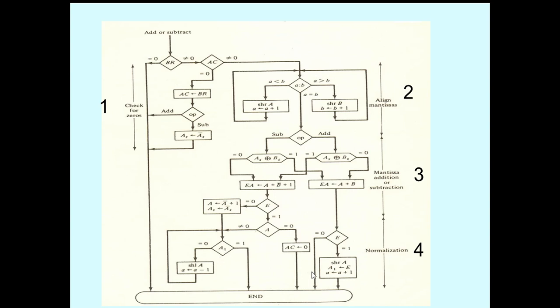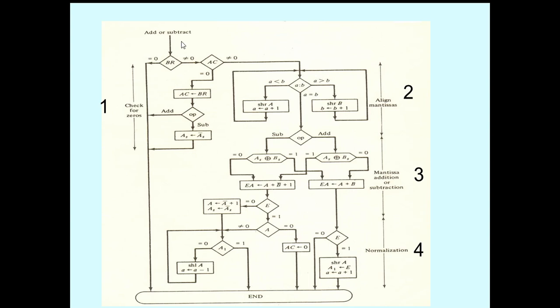If A1 is 0, shift left the mantissa of A, and by the shift left operation, the exponent value is decreased by 1. Then once again you have to check whether A1 is 0 or 1. If it is 0, once again you perform the shift left operation. This is repeated until A1 becomes 1. Once A1 becomes 1, the process ends.